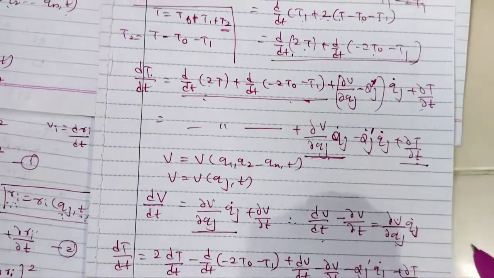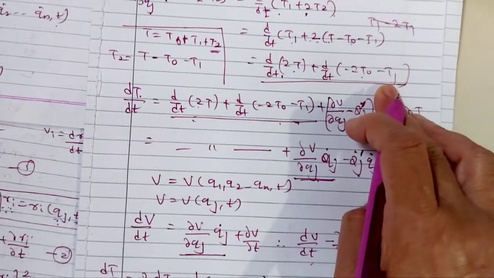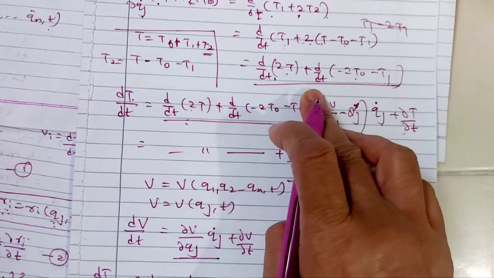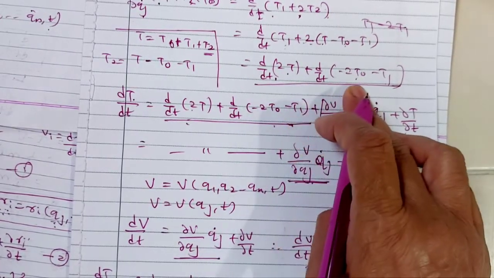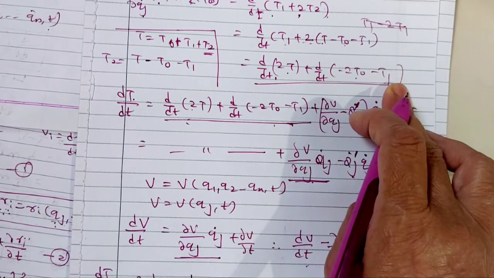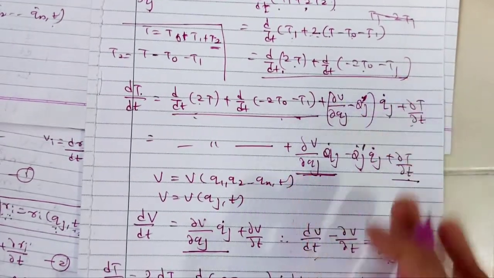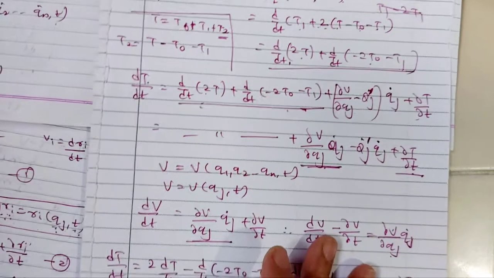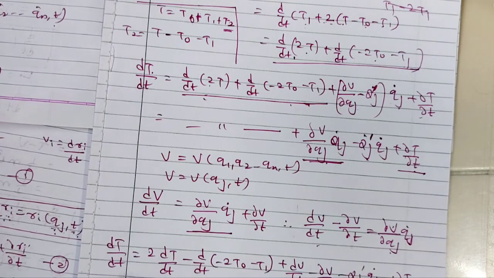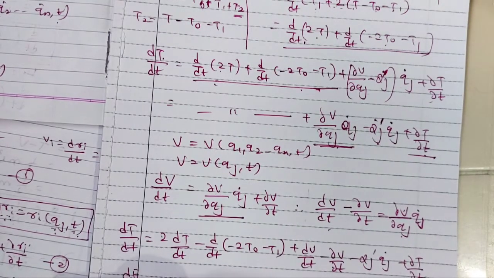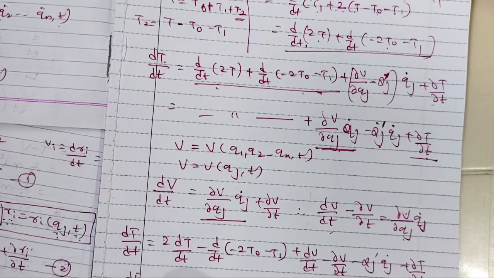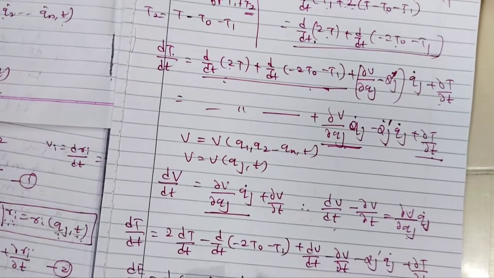As far as this value is concerned, out of this term what we did: twice ∂T/∂t plus d/dt of minus 2T0 minus T1. Clear? Now if you want to take the total energy, we'll write the term in the fashion dE/dt. As I mentioned earlier, E is T plus V, so we write d/dt of T plus V. What is that value?